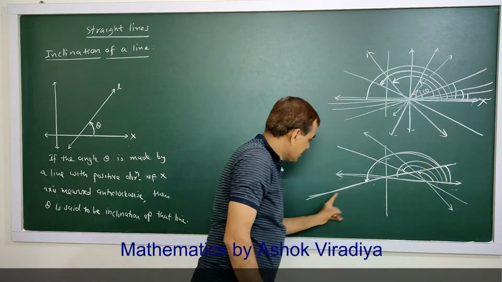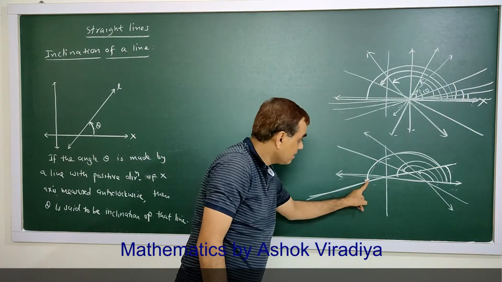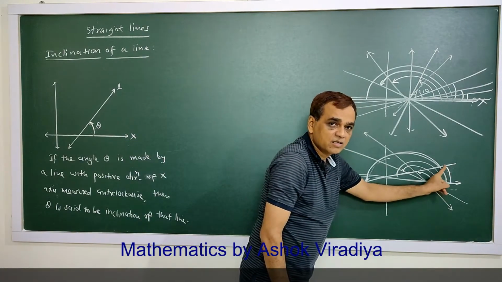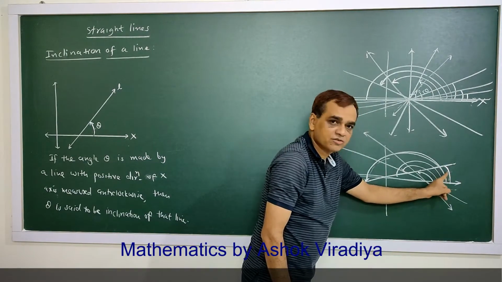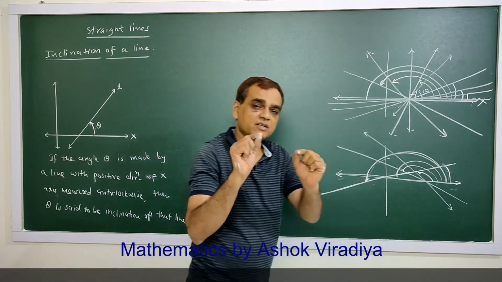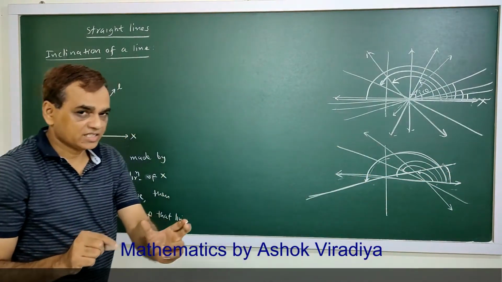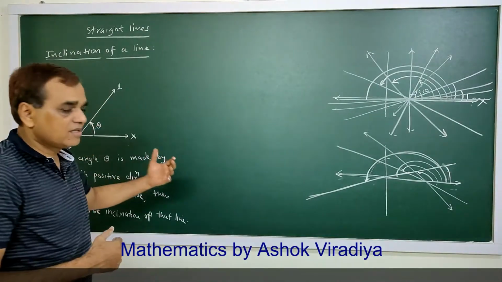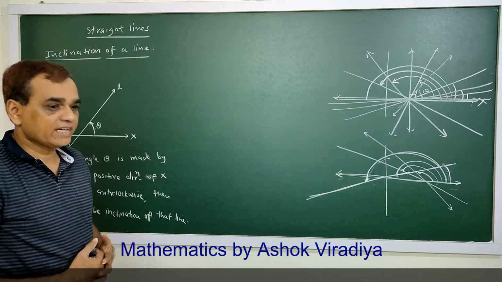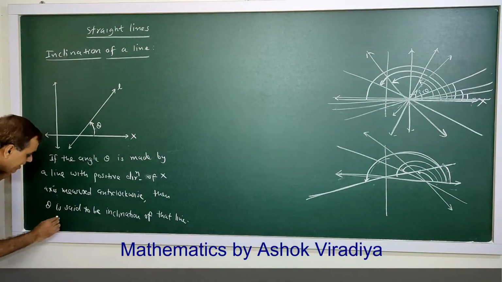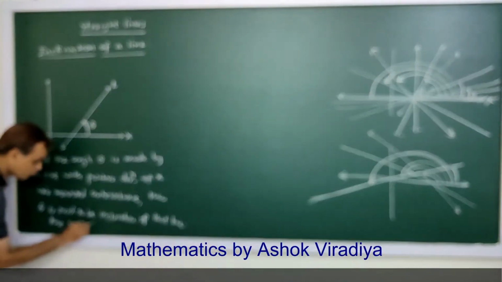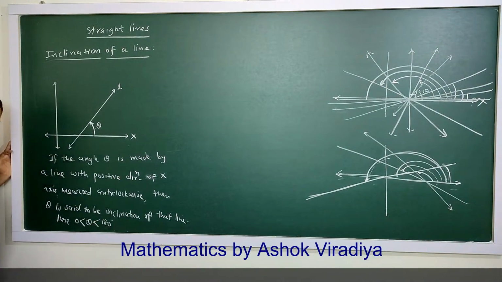So in this case, don't take theta more than 180, but observe this side. Here theta is opening towards the positive direction, so again theta starts from 0. So the domain for inclination of a line is 0 to 180 degrees.